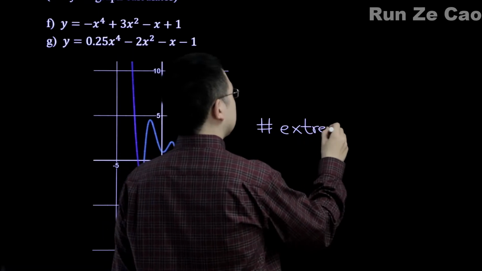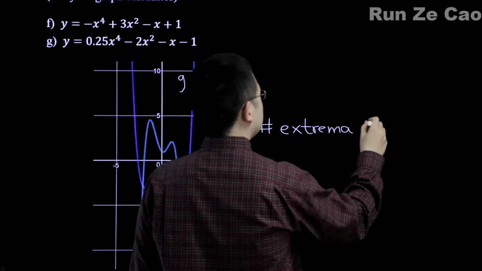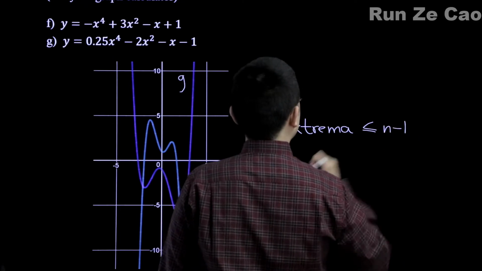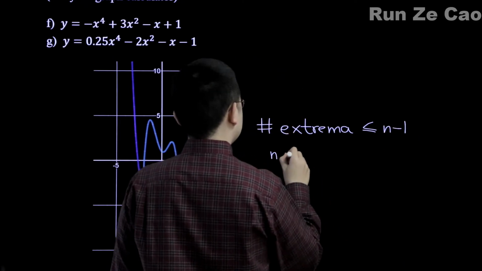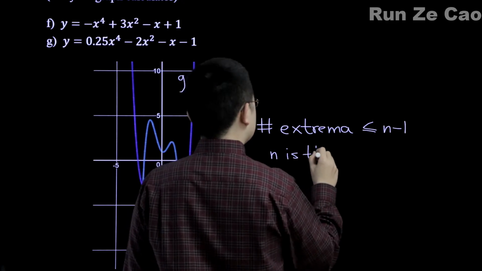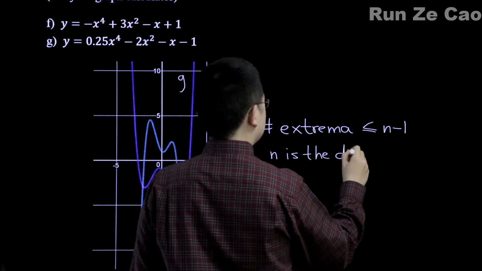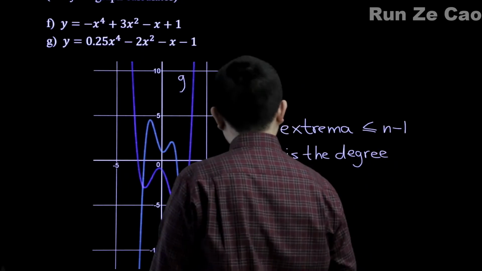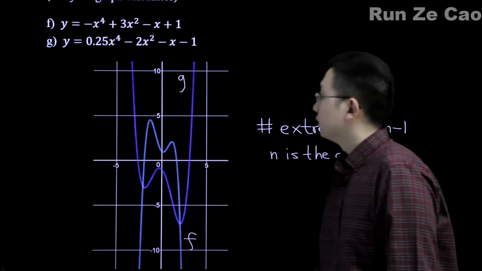Extrema is a general term for maxima and minima. n is the degree of the polynomial.